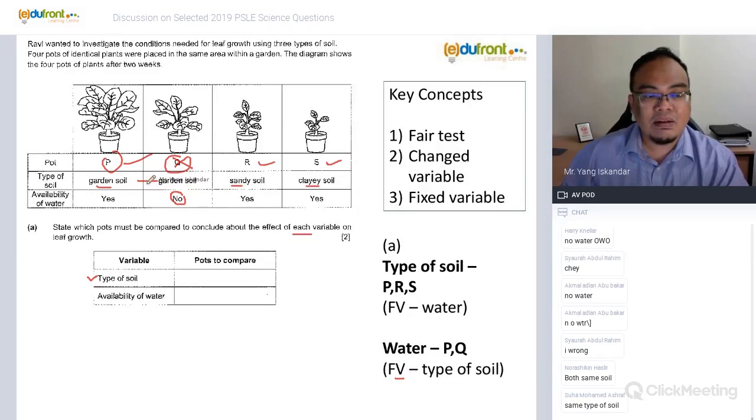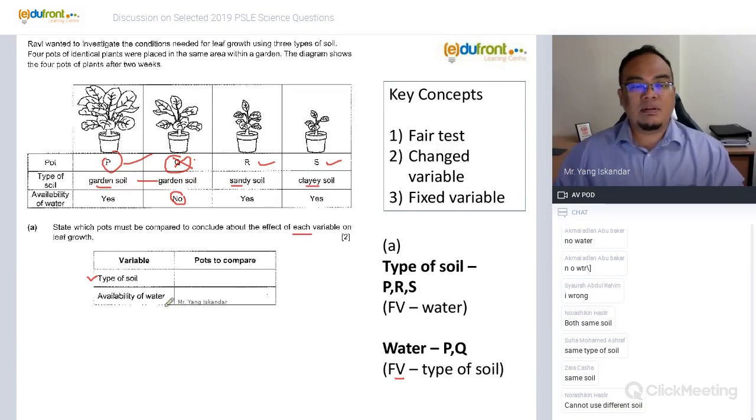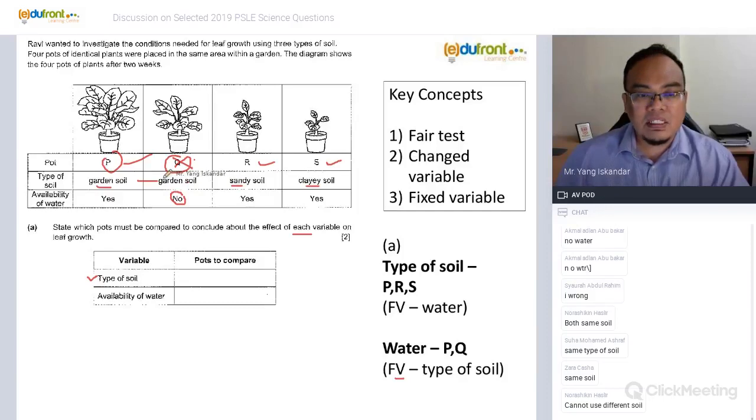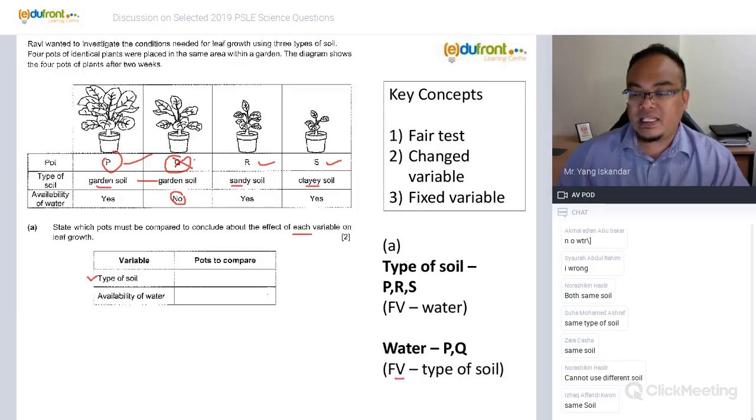So you must make sure that it is the same. So you cannot use Q and R or Q and S. Even though this is different, got water, no water, the type of soil is different, right? Remember, when you want to test the availability of water, other variables must be kept the same. Okay, so this is the concept of a fair test.